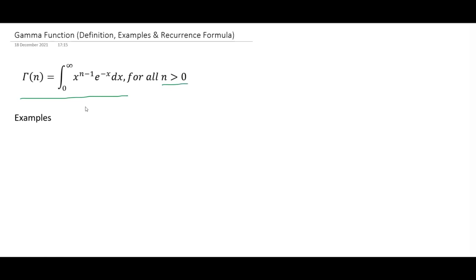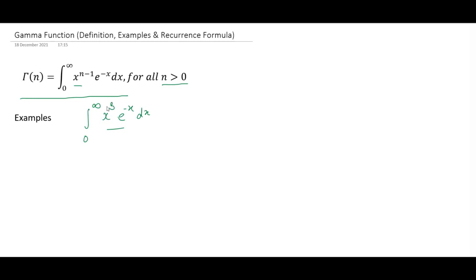So if you are given an integral 0 to infinity x cube into e raised to power minus x dx, then compare this integral with the given definition.